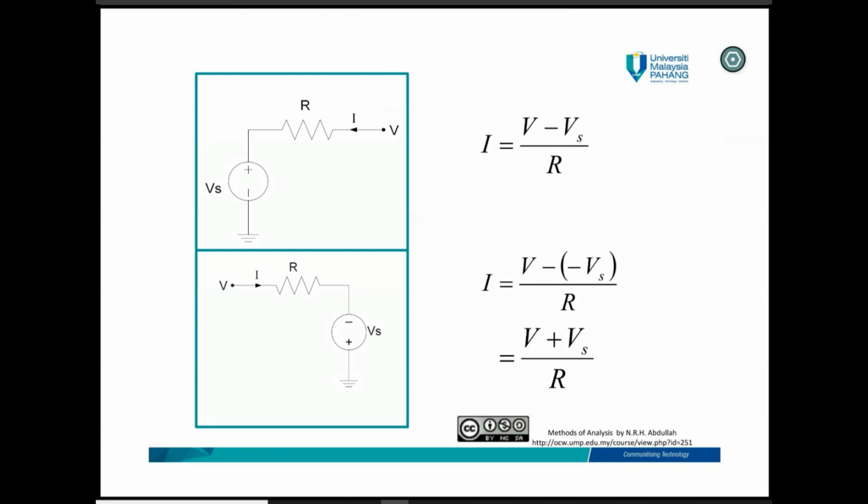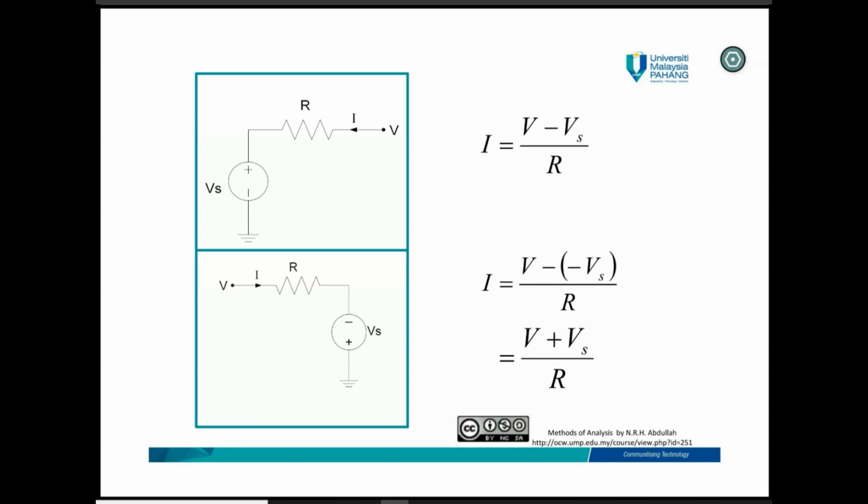Okay, for the nodal, it is the same as KVL. The summation of currents in one node is equal to 0. So in order to write the equation for the nodal, these are some of the possible types of circuit that will exist in a nodal circuit.